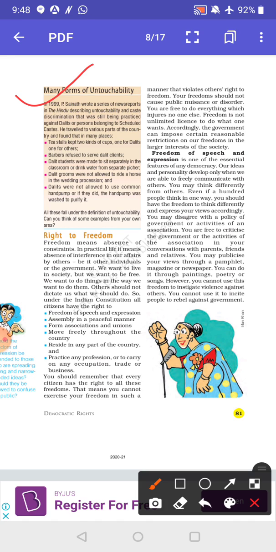So you will come to know what sort of discrimination these people faced, and due to all these things why the right to equality is so important, because such things happen in our country.